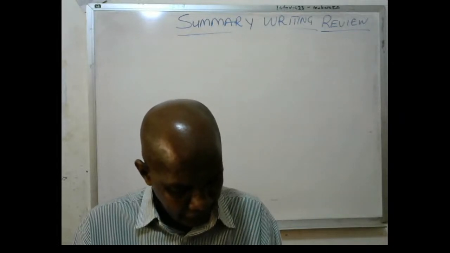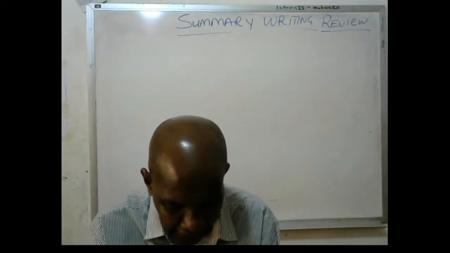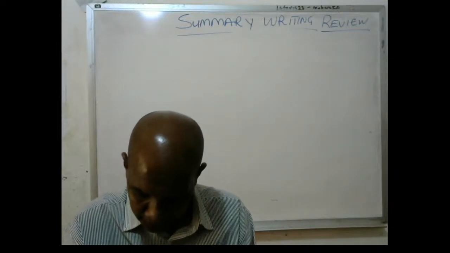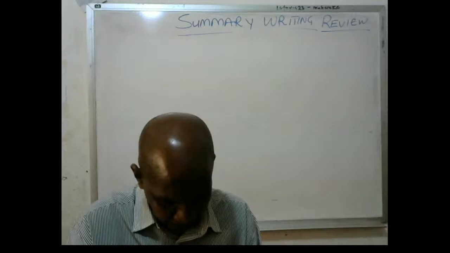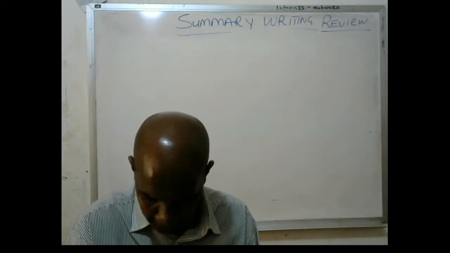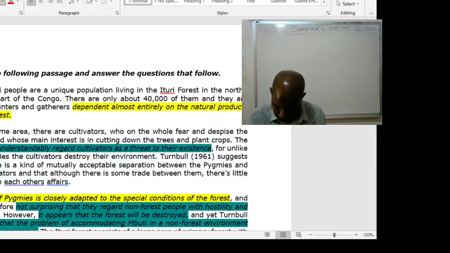Let us click on Summary 2, the document named Summary 2. Are we there? Now, when you look at the document named Summary 2, some sections have been highlighted in two colors.